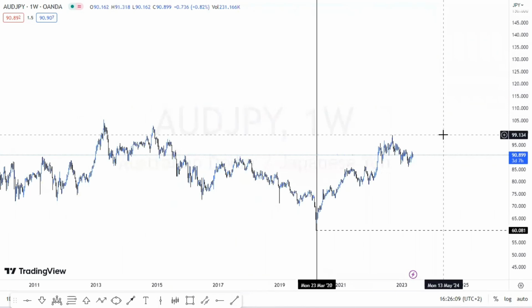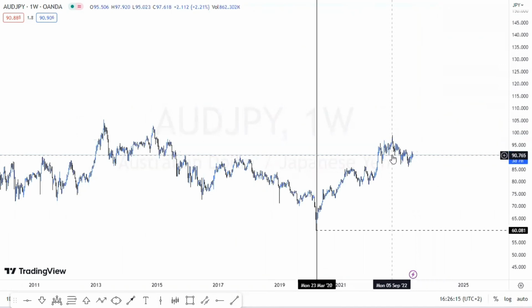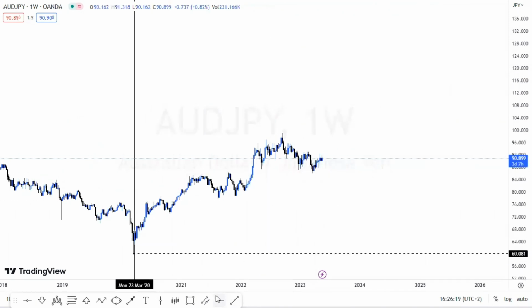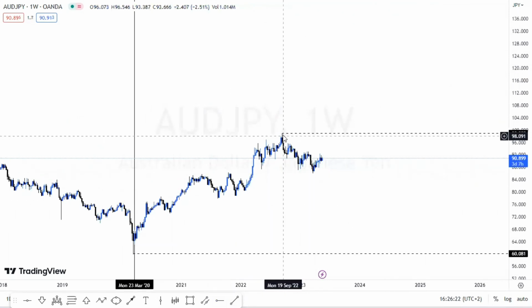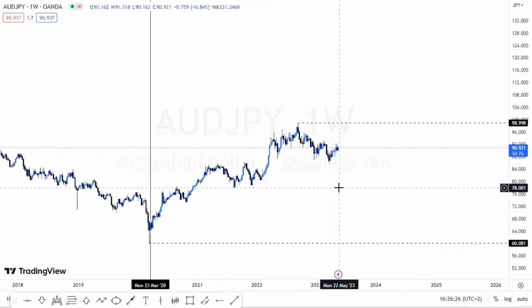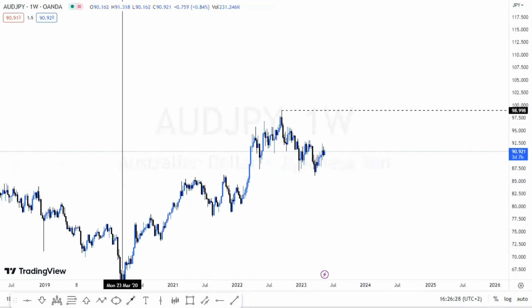This is the turning point, and let's also mark up the high it made, and the high was made in September last year. This is on the weekly chart, guys. Let's see what we can pick up from the weekly chart.